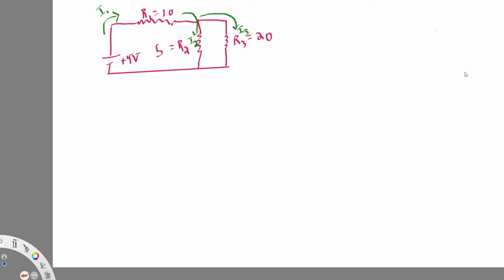Does anyone have an idea of how to start? I'll give you a hint. We just did it on the last page.